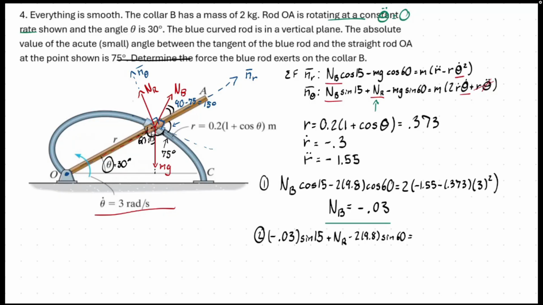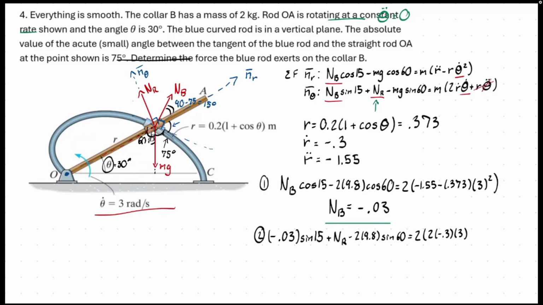And that's going to be equal to our mass, which is 2 again, times 2 times r dot times theta dot. So 2 times r dot, we figured out that r dot based on our calculation was negative 0.3, and then our theta dot was given as 3. Right?